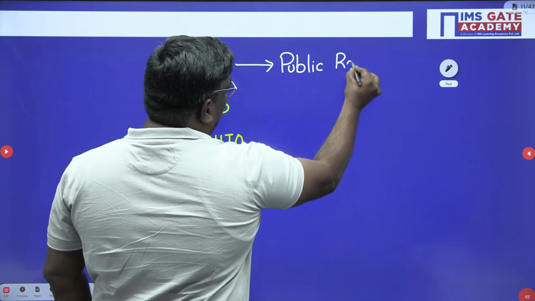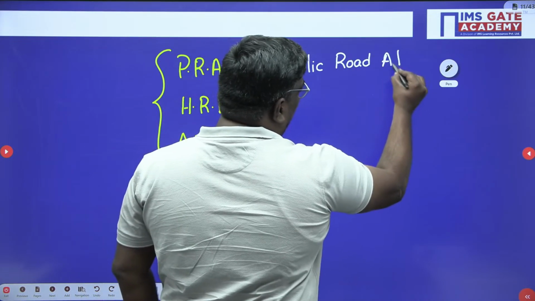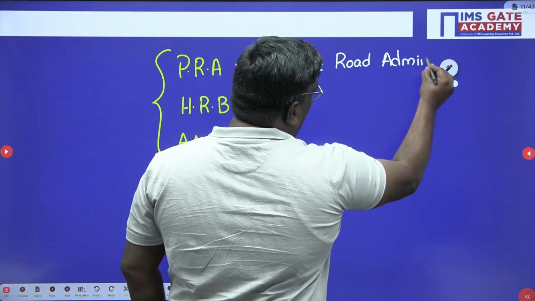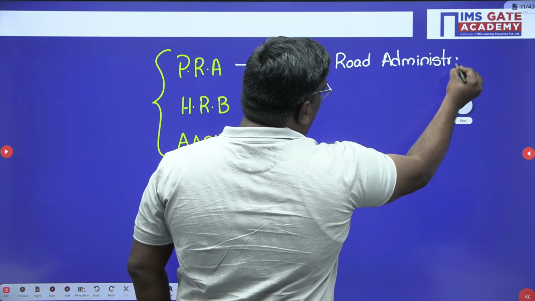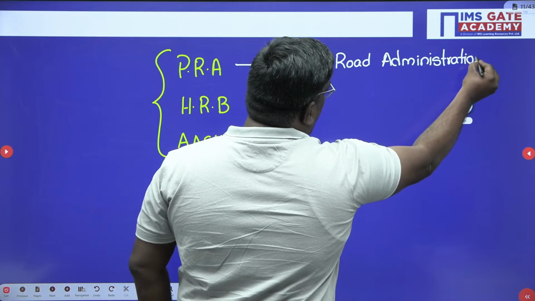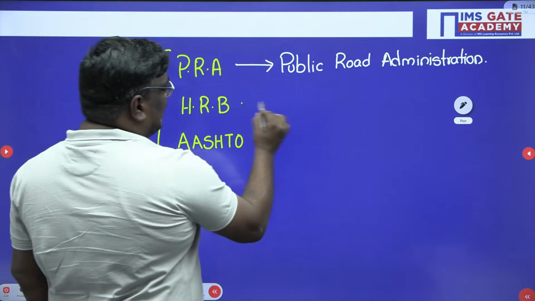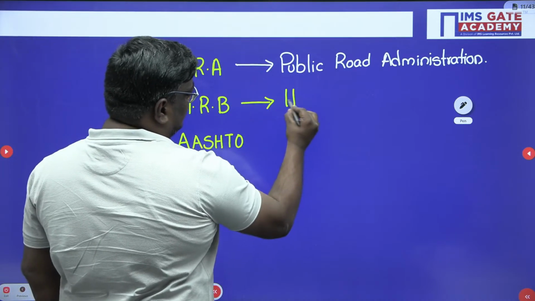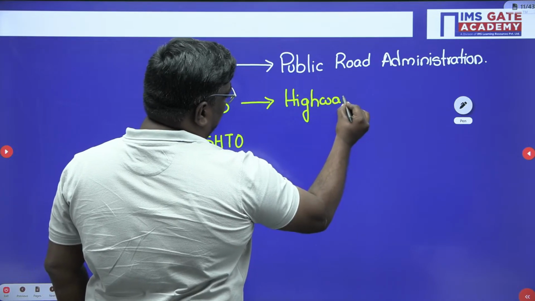What do you mean by PRA? We can write it as Public Road Administration. And another one we have is HRB. HRB is nothing but Highway Research Board.